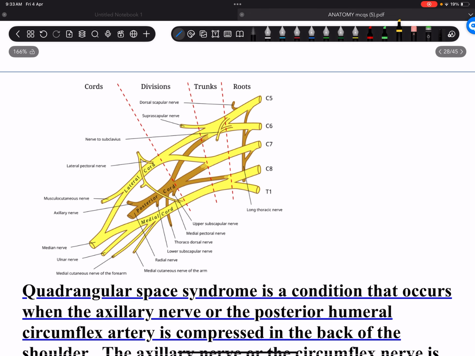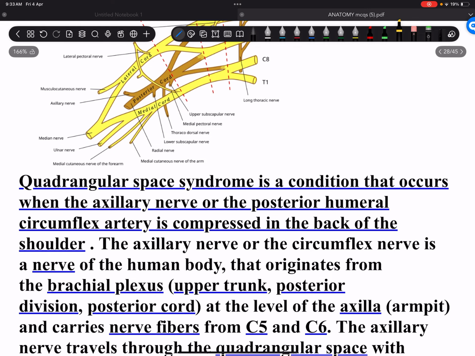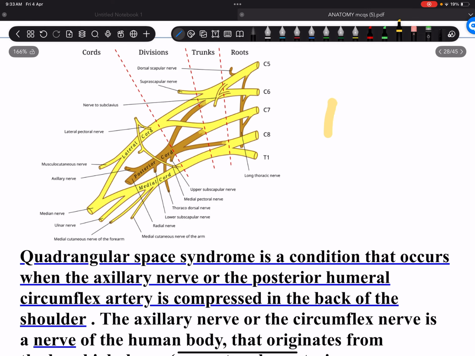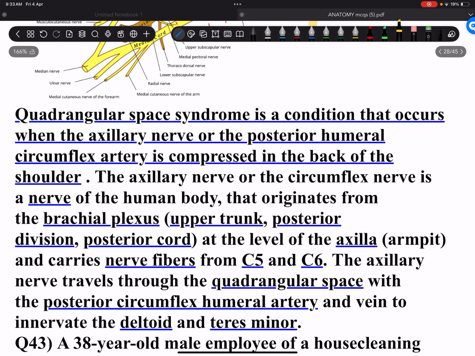Here also you can see the diagram. You have to go through that, okay? Quadrangular space syndrome is a condition that occurs when the axillary nerve or the posterior humeral circumflex artery is compressed in the back of the shoulder.